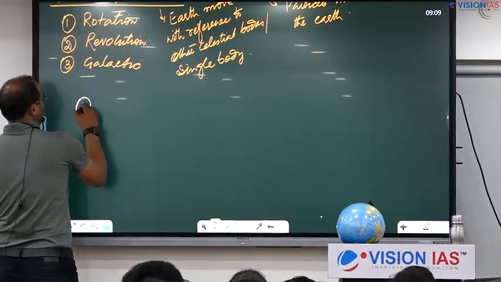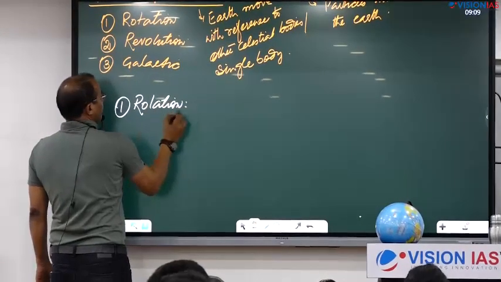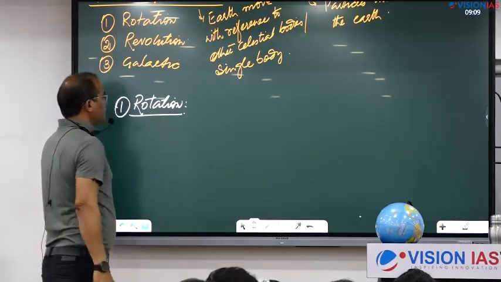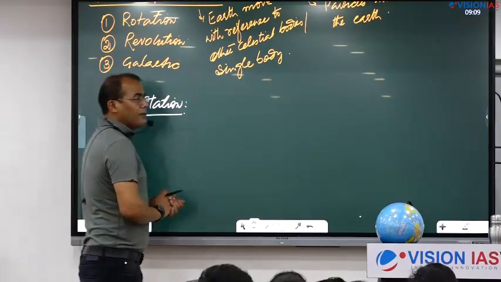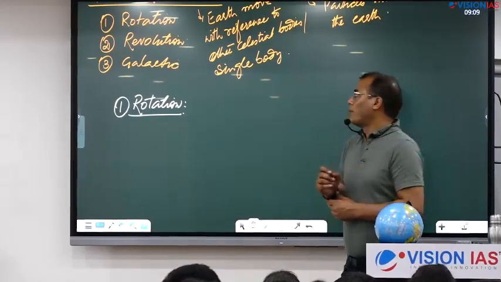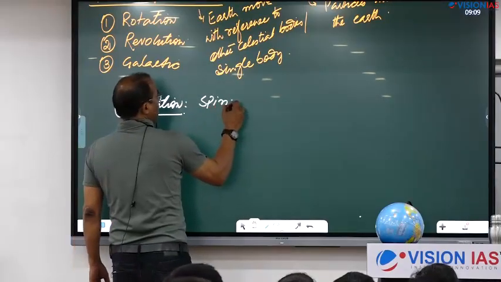Let's pick up rotation. What is rotation? How do we define it? Movement of the earth on its own axis. So it is spinning.